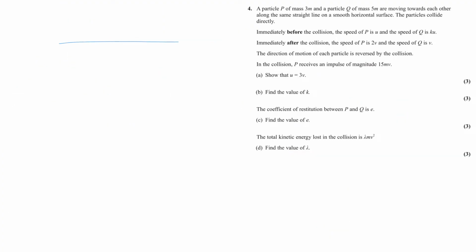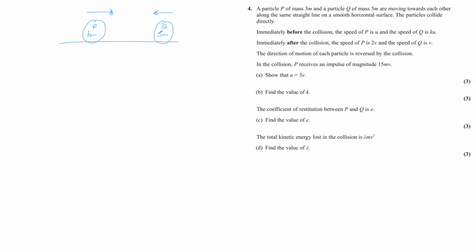So we've got a particle of mass 3m and a particle of mass 5m. So that's 3m and 5m. That's P and that's Q. And moving towards each other along the same straight line on a smooth horizontal surface. So they're moving towards each other, and the particles collide directly.